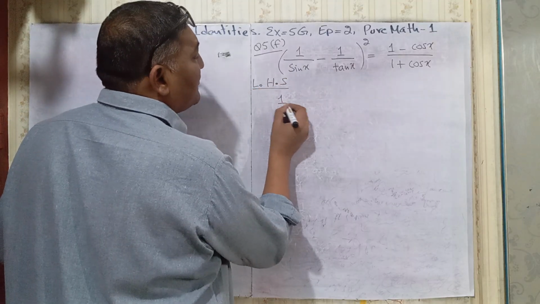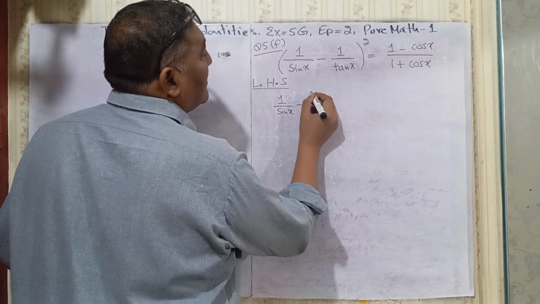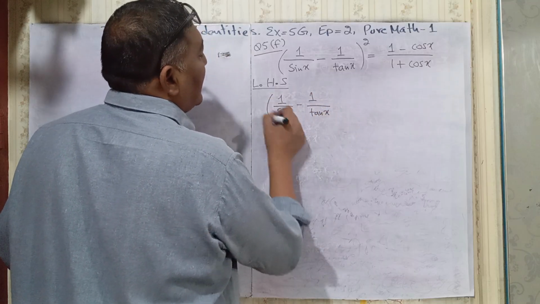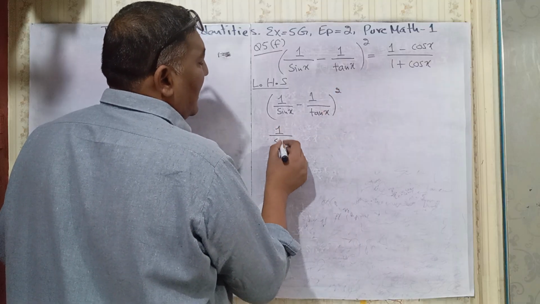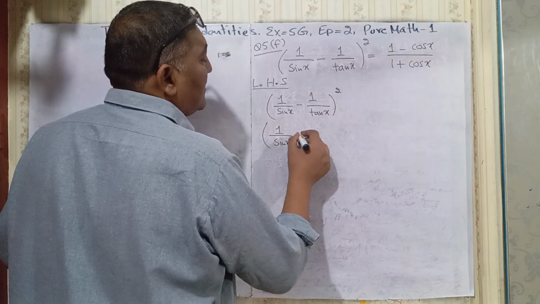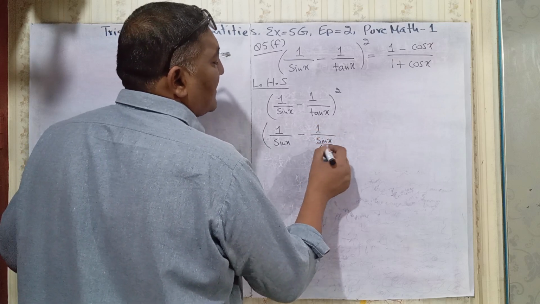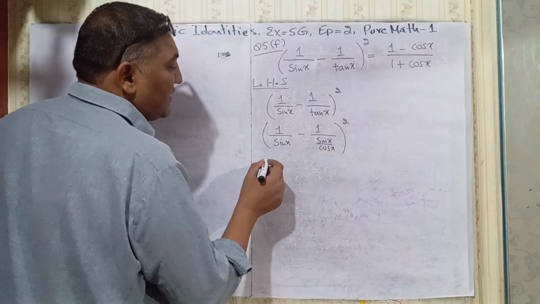So the left hand side is 1 divided by sin x minus 1 divided by tan x, and then you have a whole square on it. You know the tan can be replaced with sin x by cos x, and then you have the whole square. Bring this fraction upstairs.